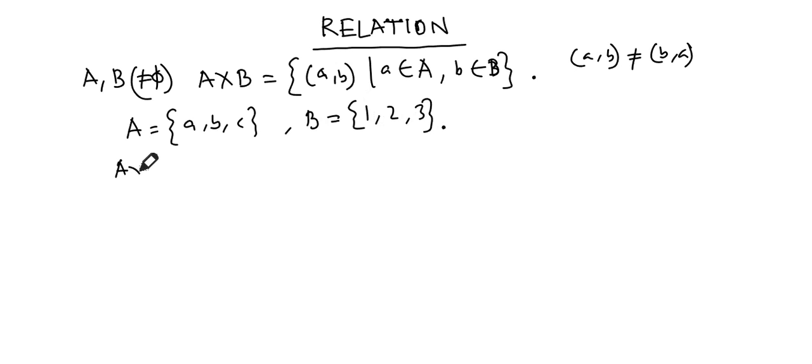So A cross B, if we write it in the roster form, is the set of all possible ordered pairs, the first element from A and the second element from B. In this way we write all the elements of A cross B.